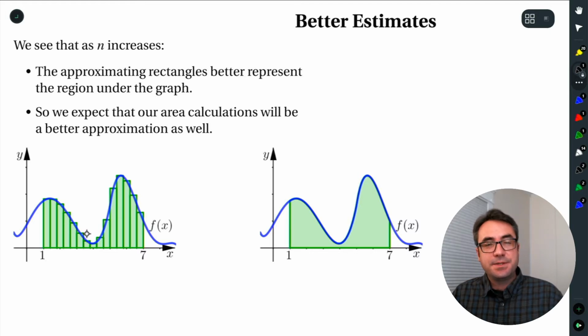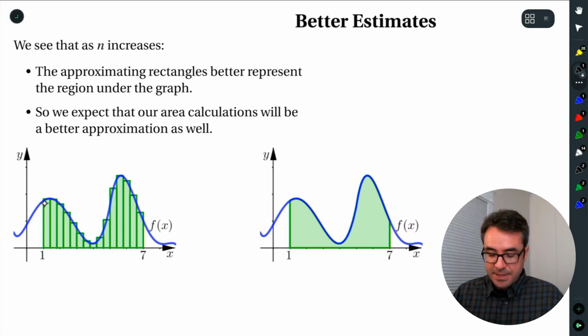Those approximating rectangles are going to get very thin, and so they give us a better representation for the region under the graph.